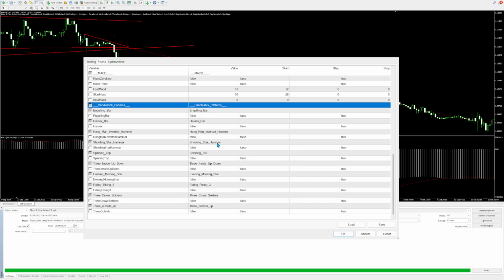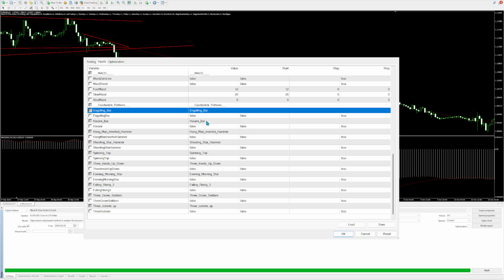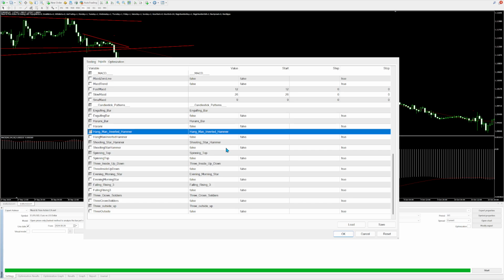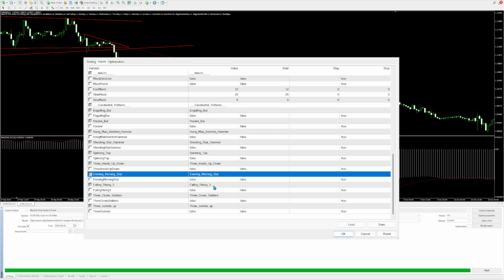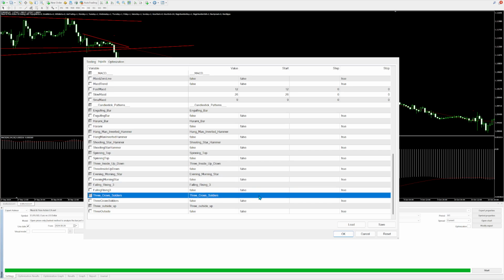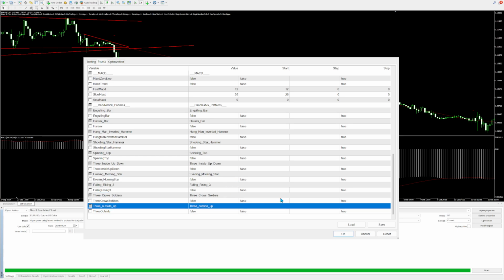Okay, candlestick patterns. So here we have various candlestick patterns which you can set to true or false. And this basically means that there has to be this particular candlestick pattern to trigger an entry. Okay, so you've got engulfing bar, harami bar, hanging man or inverted hammer, shooting star or hammer, spinning top, 3 inside up, 3 inside down, evening star, morning star, falling or rising 3, 3 crows, 3 soldiers pattern, and the 3 outside up as well.